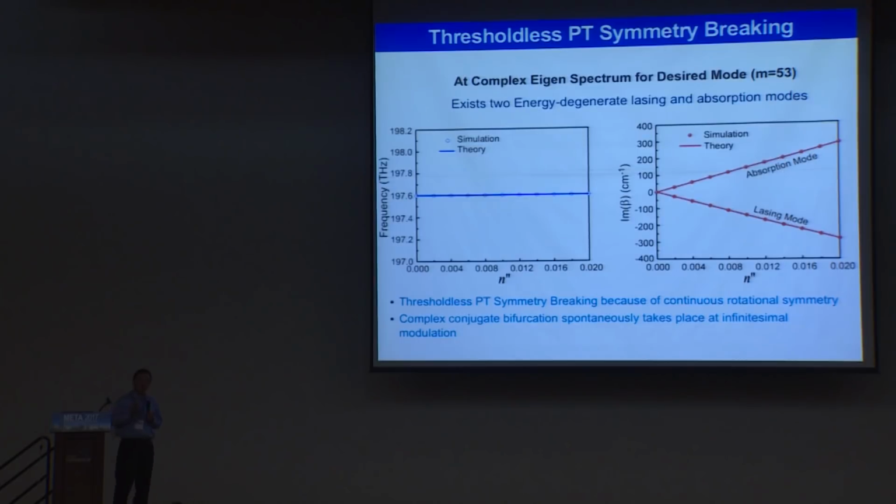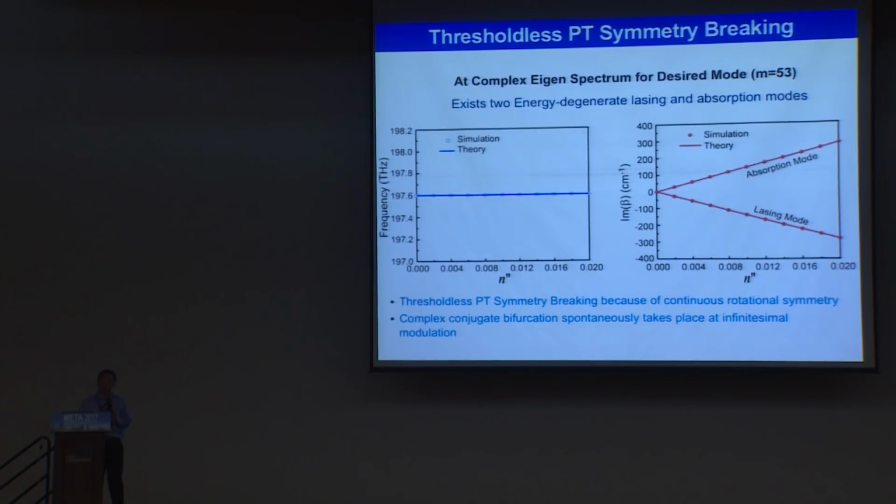What I mean by the right desired mode is that there are many modes, but only one mode matches the period we design. In other words, we design the period specifically locking to the m equal to 53 mode. Therefore, for this mode, there are two degenerate modes. One is lasing, the other is absorption. Later on, we'll talk about this absorption mode. In fact, this is a coherent perfect absorption. It's not regular absorption, it's a coherent absorption, which is considered an anti-lasing mode.